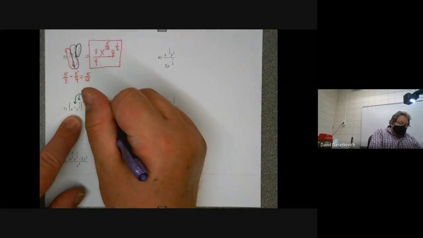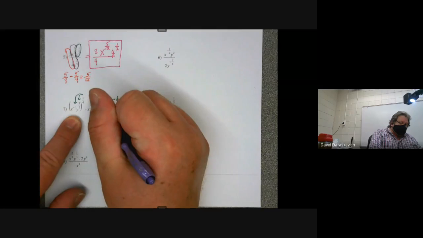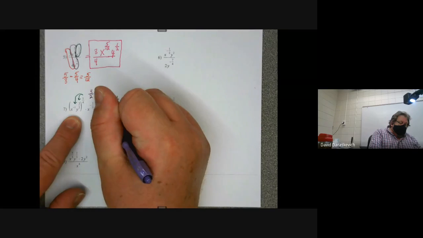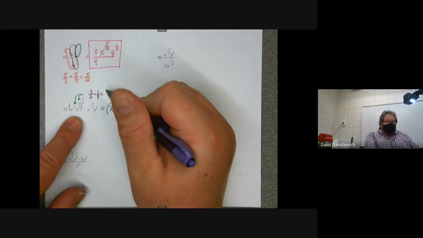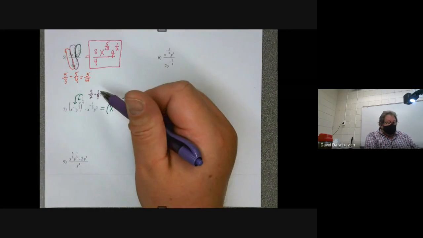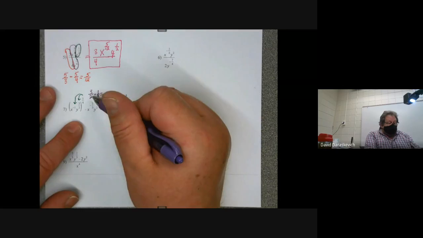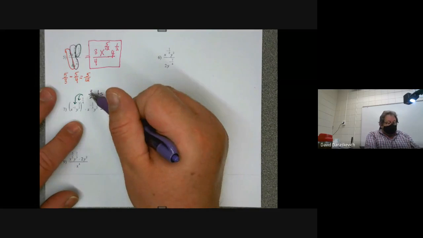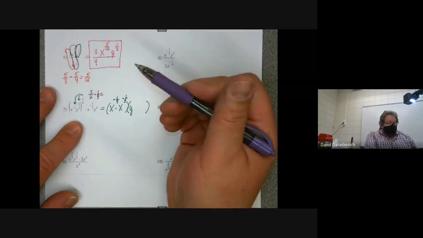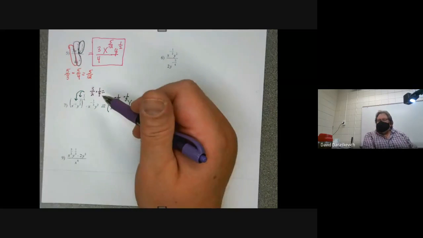Multiplication is easy to do with fractions. Okay. The only thing that you really don't have to worry about, but what you should do is cancel out any common factors top to bottom before you multiply. Now you can multiply straight across and then simplify it. So it's up to you how you want to do it.